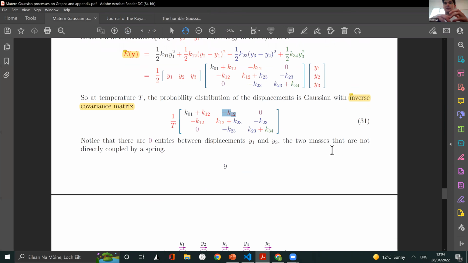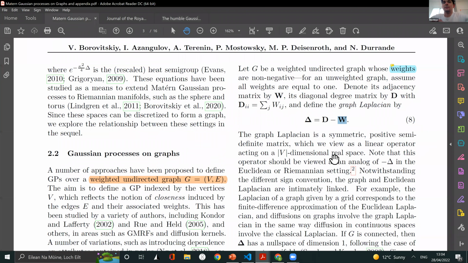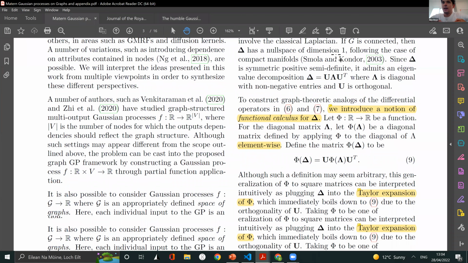To solve this stochastic partial differential equation, the way we do that is that we introduce a notion of functional calculus, and that's a fancy way of saying let's do an eigen decomposition on this Laplacian matrix, and then that would be an eigenvalue matrix with some basis eigenvector matrix U. In order to apply this operator, which was on the left-hand side of the stochastic partial differential equation, we'd only operate on those eigenvalues.